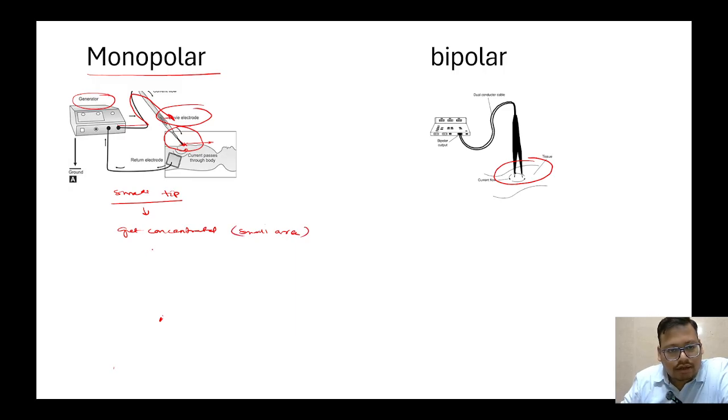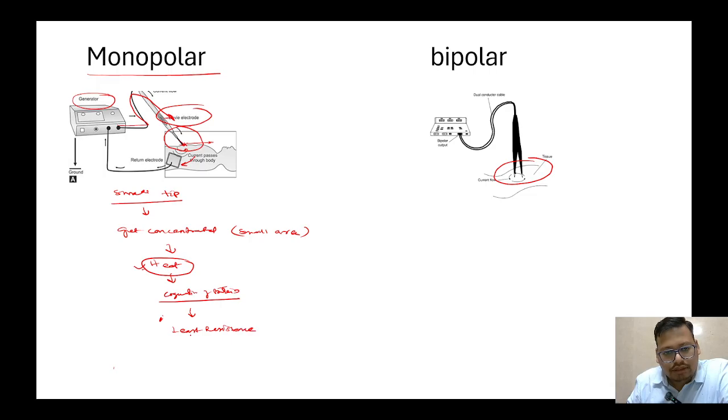When the current gets concentrated at this very small area, it leads to generation of heat because of the resistance, and that heat will cause the coagulation of protein. Again, the current has a tendency to pass through the path of least resistance.